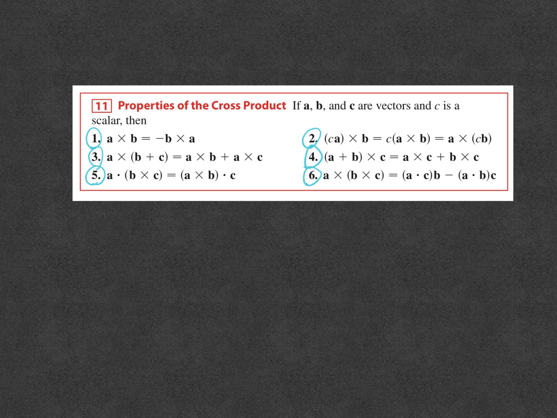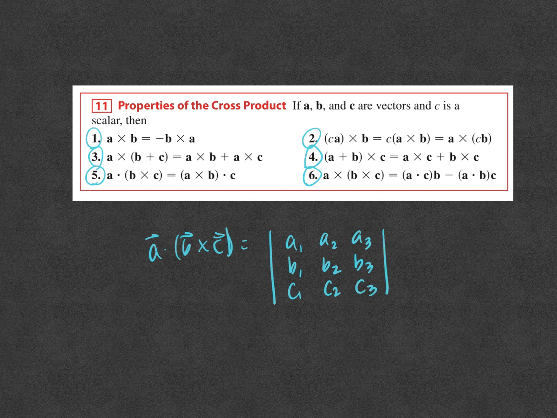What's interesting to note is number 5 works out in such a way that we define A dot B cross C to be the determinant with rows A1, A2, A3, B1, B2, B3, and C1, C2, C3. Notice that this is a dot product, which gives me a scalar.